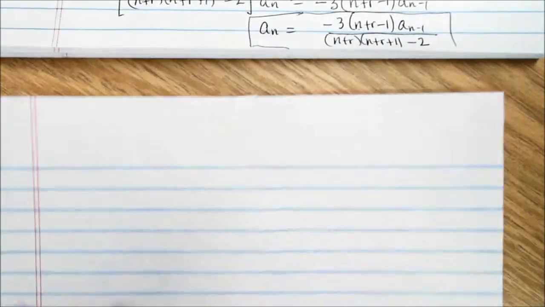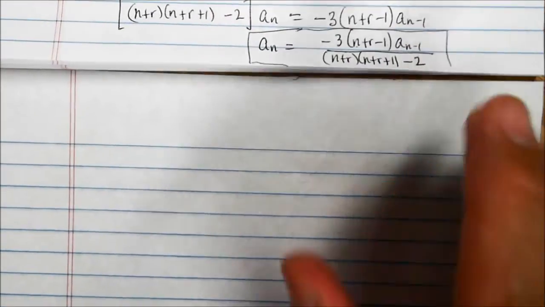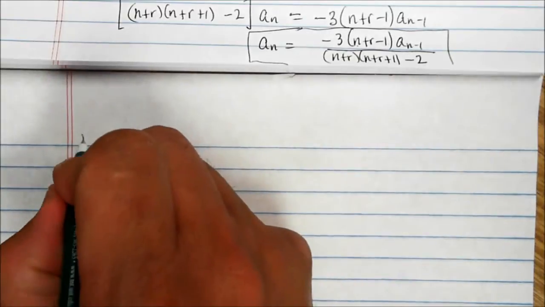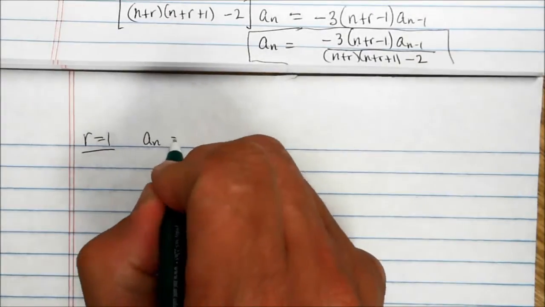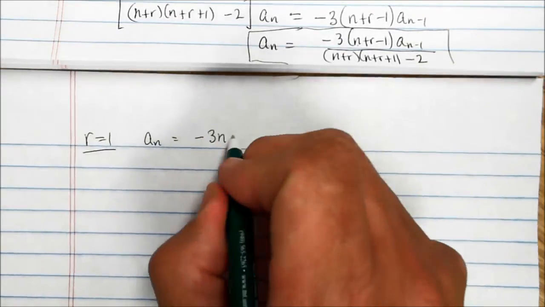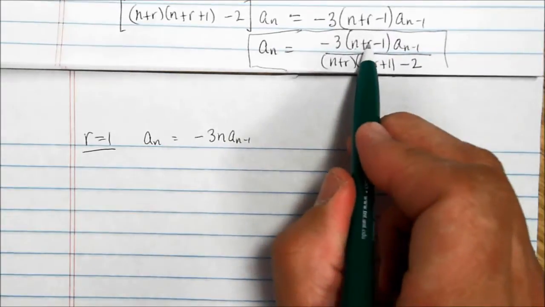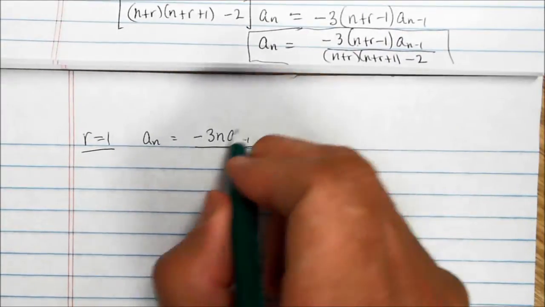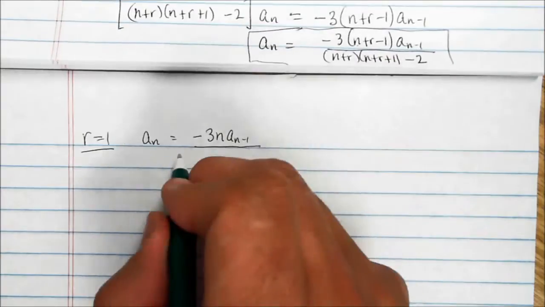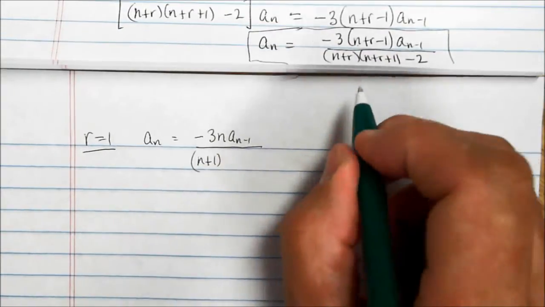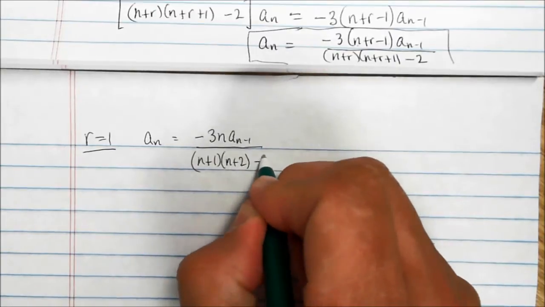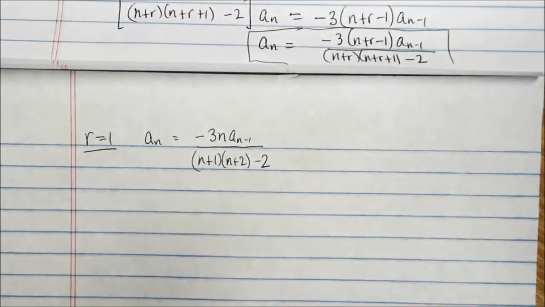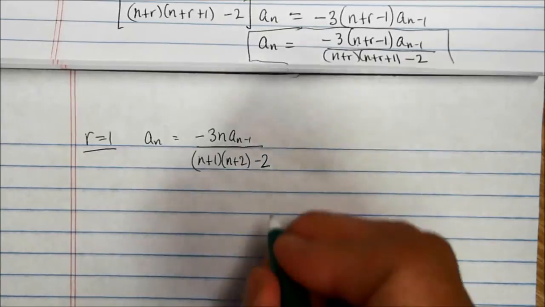Our second solution, let's come back to this. And this time we're going to let r equal 1. If r is equal to 1, we get a sub n is equal to negative 3n a sub n minus 1, because 1 minus 1 is 0, over n plus 1 on the bottom, and then n plus 2 here, minus 2. Okay, let's see if I can do better than this.